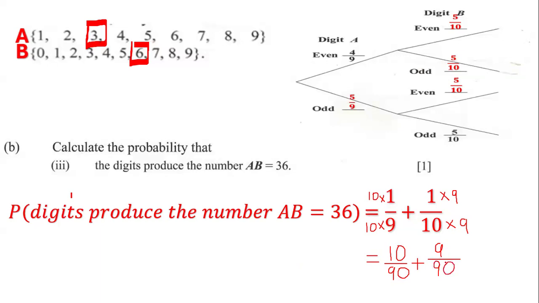So this is equal to 10 plus 9, which is 19, all over 90. They are the same denominators, so we keep them the same. So it's 19/90. So the probability that the digits produce the number AB equal to 36 is 19/90. And that's the answer to this particular question.